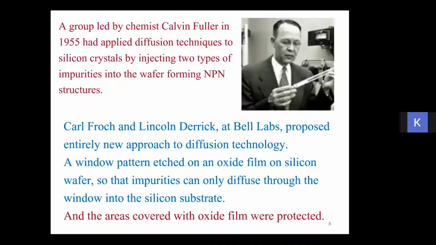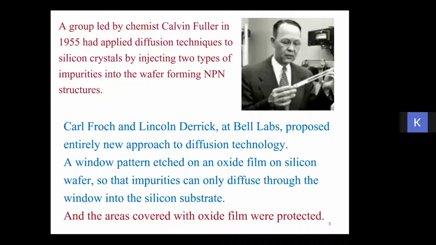How can that be done? You can grow an oxide over silicon. Obviously, there is a native oxide, but you can grow an oxide, as I have shown earlier, that there is a process of growing oxide on silicon wafer or any other substrate also. So if you grow an oxide, then you make a window out of it by etching the oxide over the silicon, and then you diffuse the dopant. What will happen?